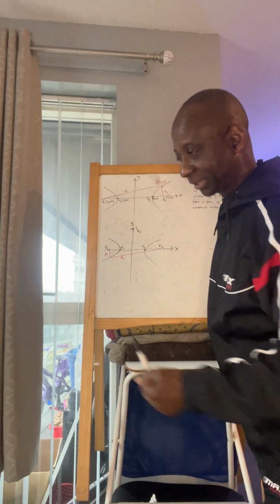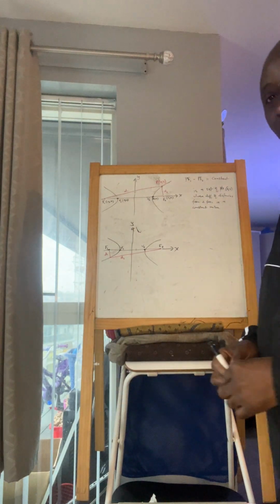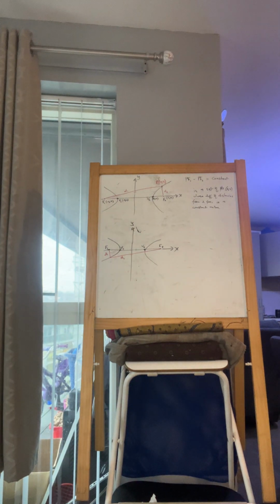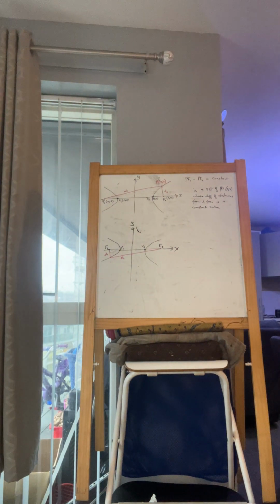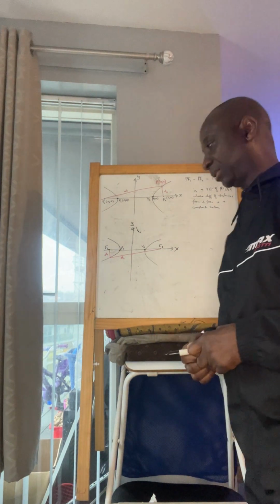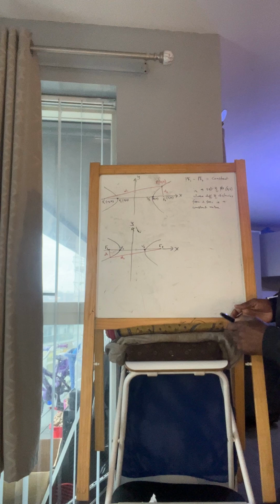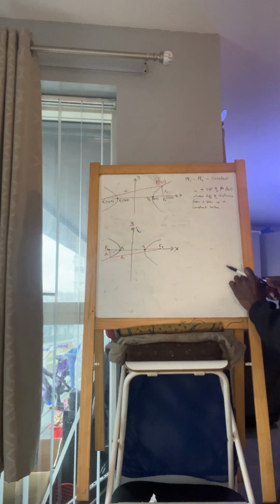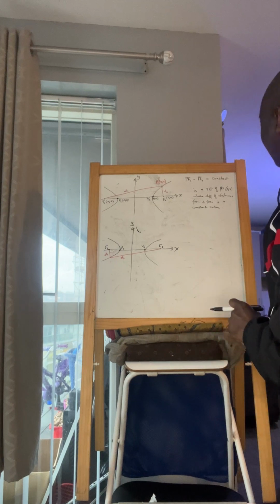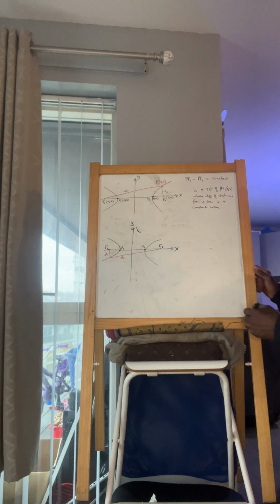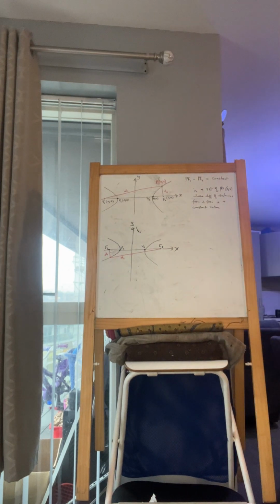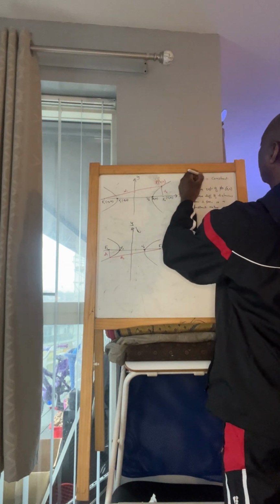You get a negative number. And we don't want that because we are dealing with lines. We are dealing with distances. You don't expect to get a negative number when you are dealing with distances. So that's why in the definition, this difference of distances from two foci should actually be an absolute value.